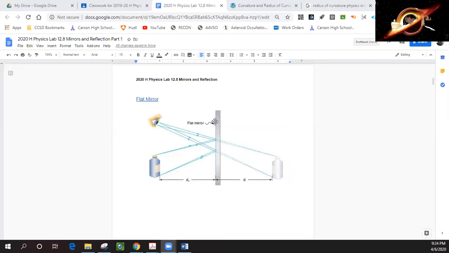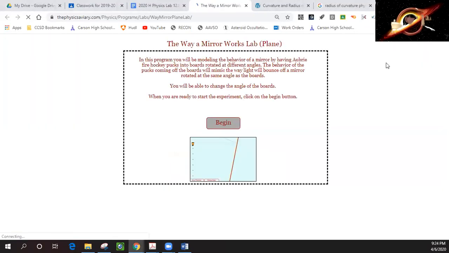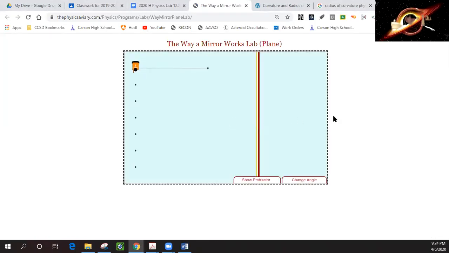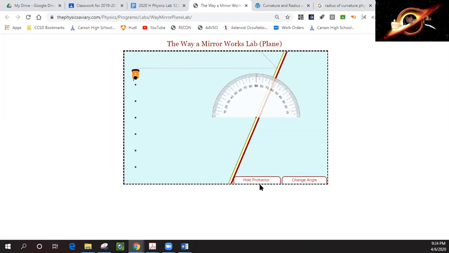Here we have a flat mirror. Let's take a look at this simulation and see what the flat mirror is. We'll go ahead and hit begin. So all the incident rays equal reflected rays, and I can even change the angle a little bit. There's a protractor, and we can kind of see what's going on here.